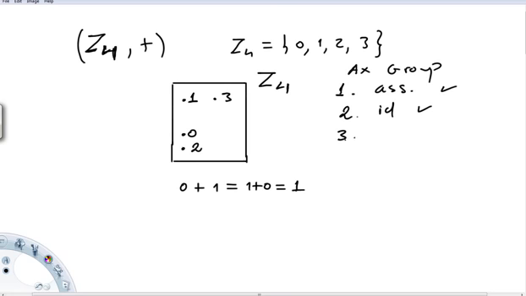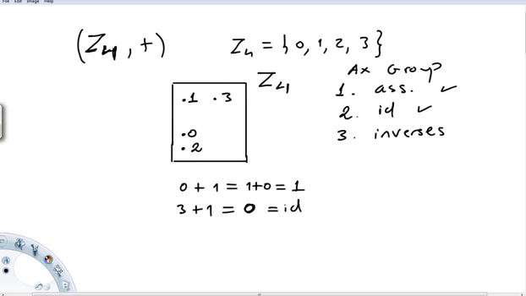And the third axiom is the existence of inverses for every element. Okay, let us pick one element, like for instance 3. What is the inverse of 3? Well, if you add 3 to 1, 3 plus 1 modulo 4, you get 0, right?